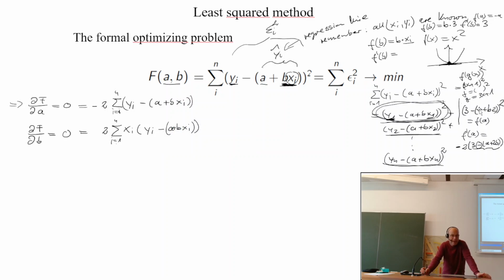So, what I have here now, again, keep in mind, x and y are all just known numbers, is just a linear system. There's no squared anymore.